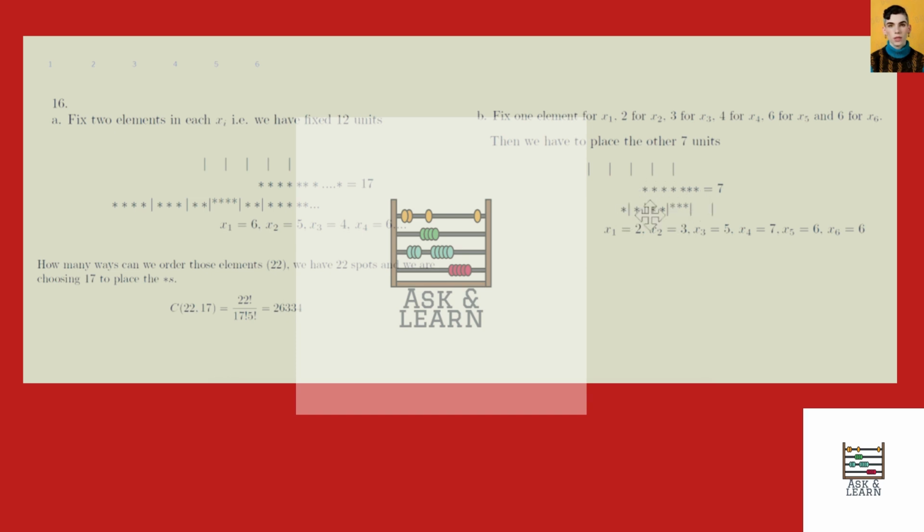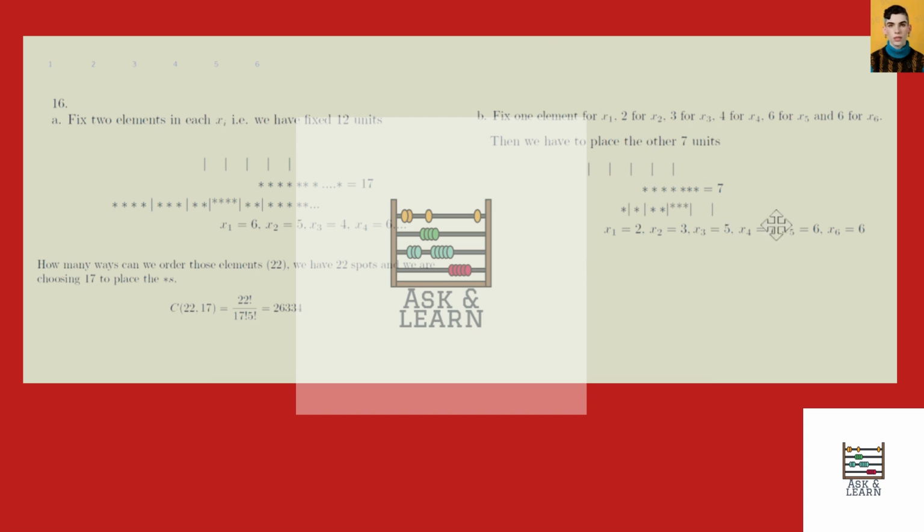So for example, in this case, this sequence is expressing x1 equals 2, x2 equals 3, x3 equals 5, x4 equals 7, x5 equals 6, and x6 equals 6.